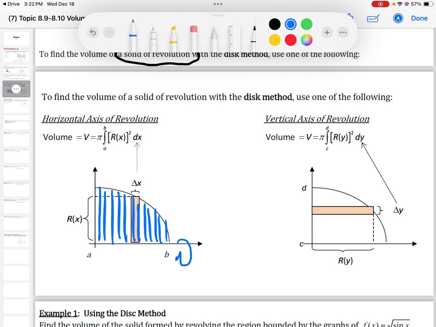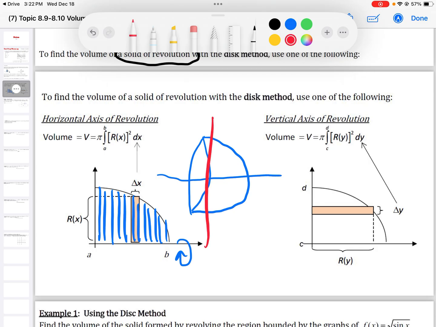And if I rotate them around the x-axis, I form a three-dimensional shape. You can almost picture it, it's kind of hard to draw. It would be kind of like that shape, where that's the x-axis and that's rotated around.